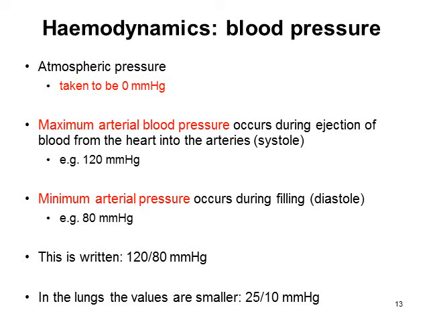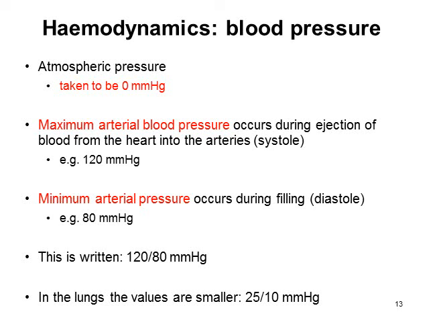Your maximum arterial blood pressure occurs during ejection of the blood from the heart into the arteries, so the point of systole. If you have your blood pressure measured, you are given two values. The values we've used here are 120 millimeters of mercury over 80 millimeters of mercury. The 120 relates to the maximum arterial blood pressure at the point when the heart is in systole and is contracting.